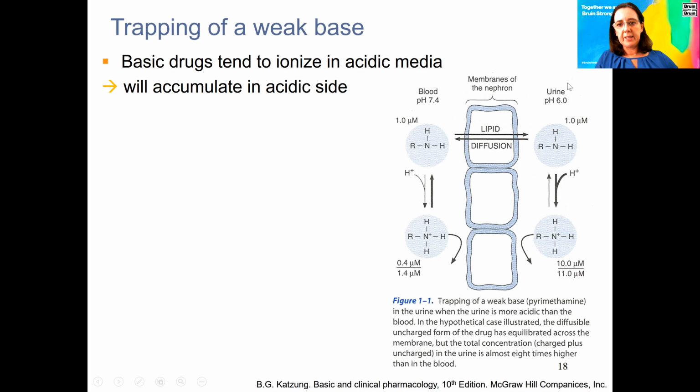And you can even manipulate that, make it even more acidic. You see that at a more acidic pH, the main arrow is towards the ionized form, with the charge. When it's charged, it is trapped because the drug cannot cross back to the plasma, and that's how you can eliminate this drug faster. And how neat it can be, when you have toxicity and intoxication, to manipulate the pH of urine and eliminate the drug faster.